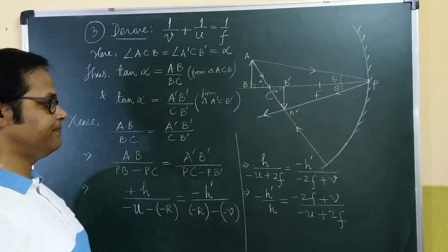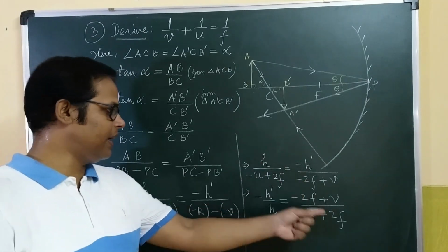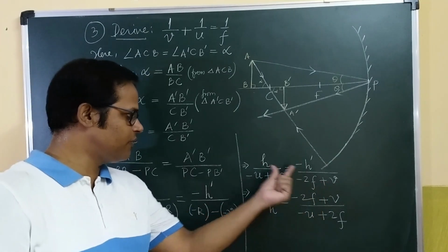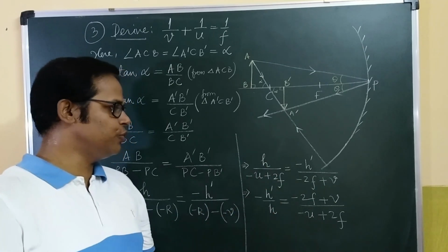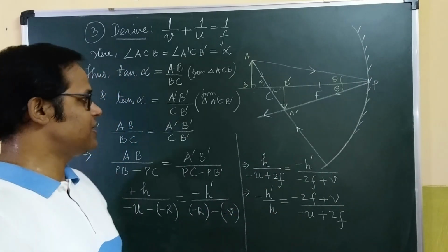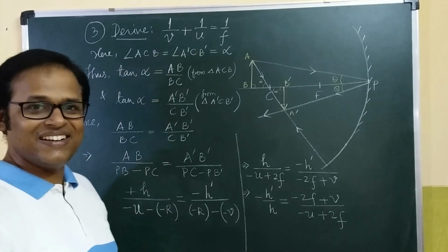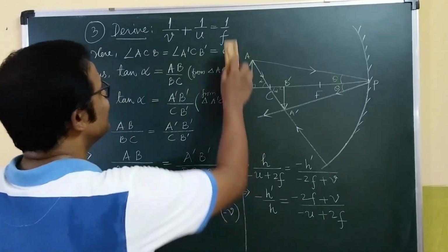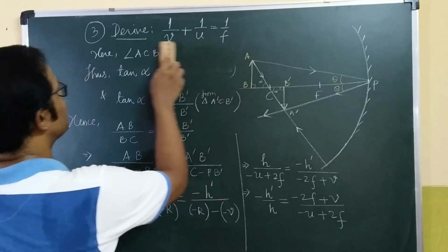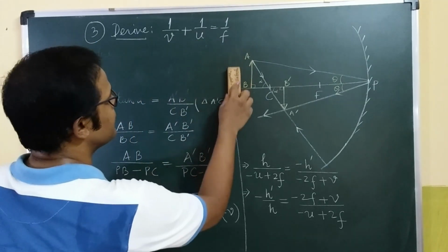Is that clear? Minus h dash by h is equal to minus 2f plus v by minus u plus 2f. So since there is a shortage of space, I will rub off this left hand side. Alright? So let me rub it off from here.